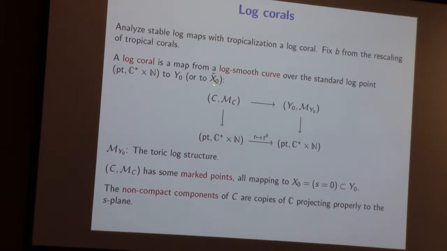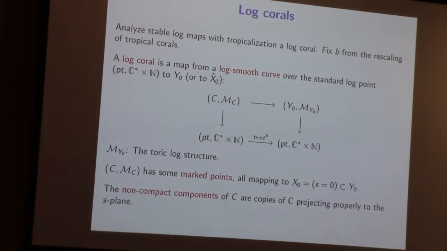except the only difference is that it's something over what's called a standard log point, like an infinitesimal one-parameter thing. The t parameter tells you the one-parameter degeneration. That would be your central fiber with the log structure, also viewed as a one-parameter degeneration space. Anyway, the only difference to the standard case I did already with Takeo and Nishinou is that we necessarily have non-compact components.